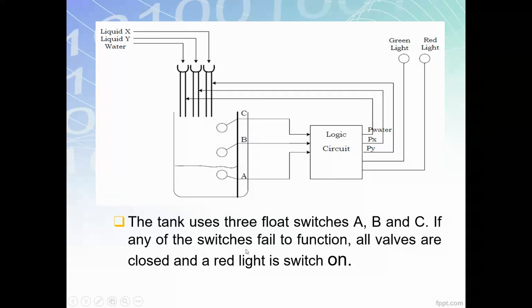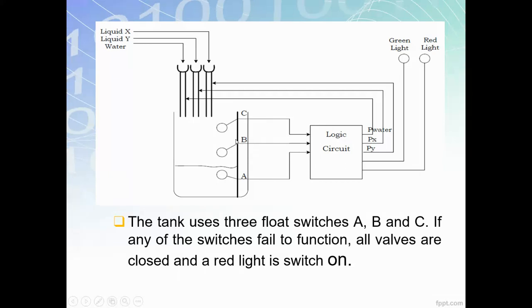If any of the switches fail to function, all the valves are closed and the red light is switched on. Originally it was the green light. So if they all fail, all the valves close and the red light will be on. Here we have a logic circuit diagram.